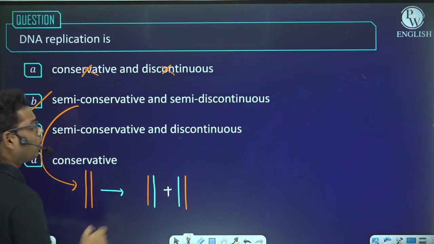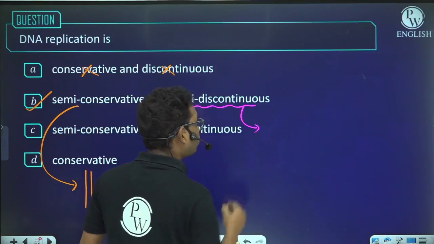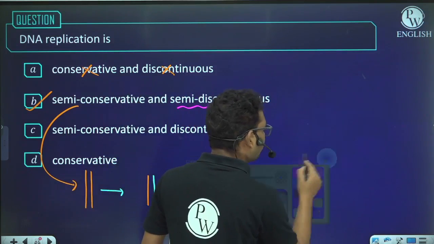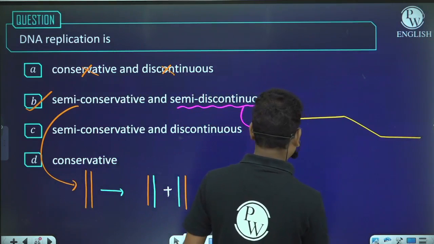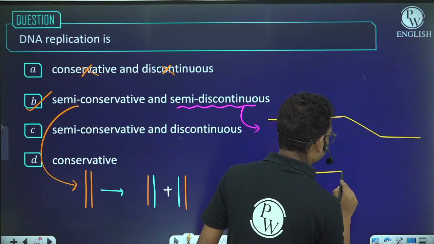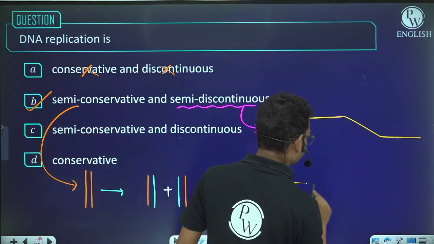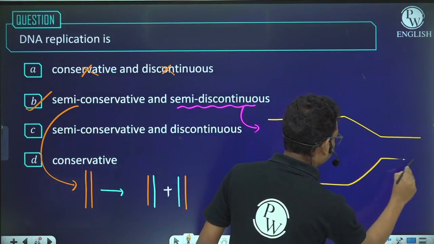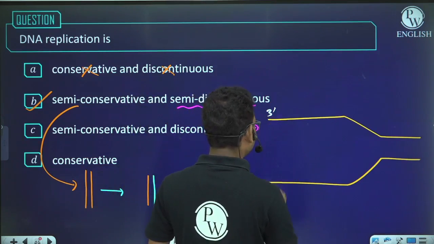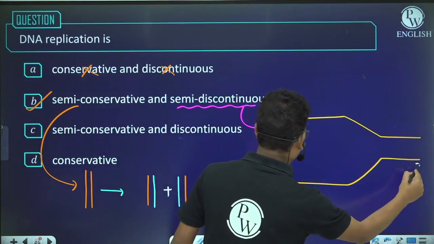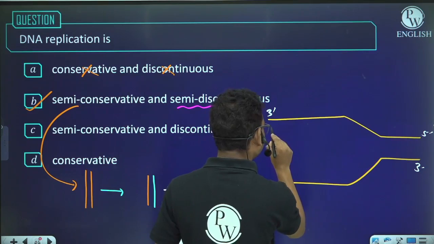Why is DNA replication semi-discontinuous? If you talk about the mode of DNA replication, suppose this is one replication fork, with 3' and 5' ends like this.